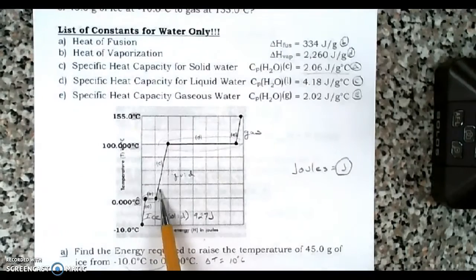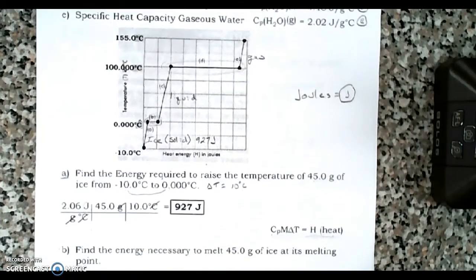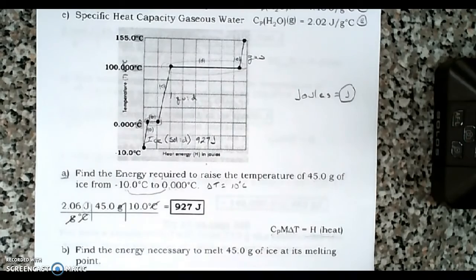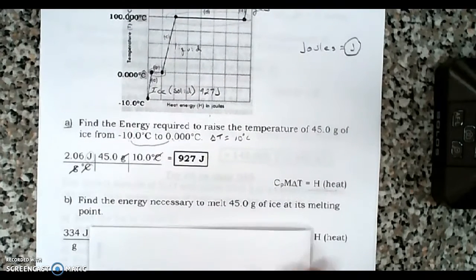Fusion, because it's going between solid and liquid. It's fusing together. All right, so now let's see what it looks like. It says find the energy necessary to melt 45 grams of ice at its melting point, which is 0 degrees Celsius. So we start with this heat of fusion, 334 joules per gram.